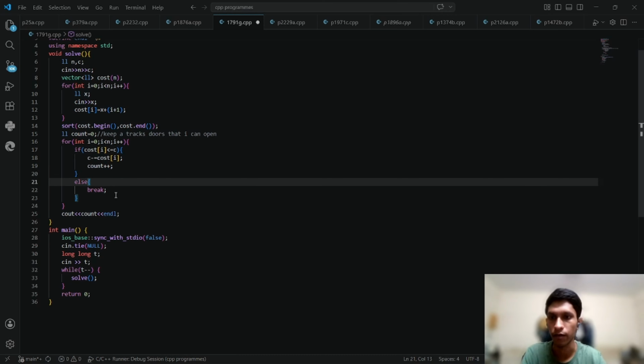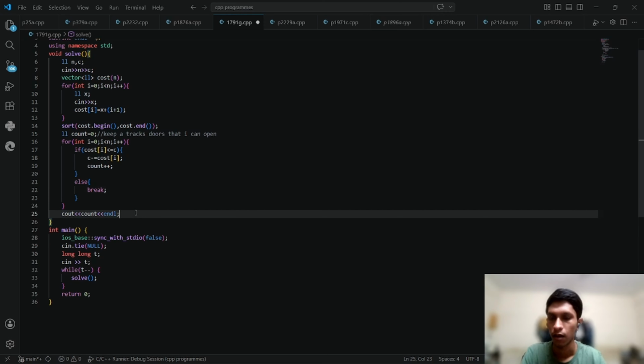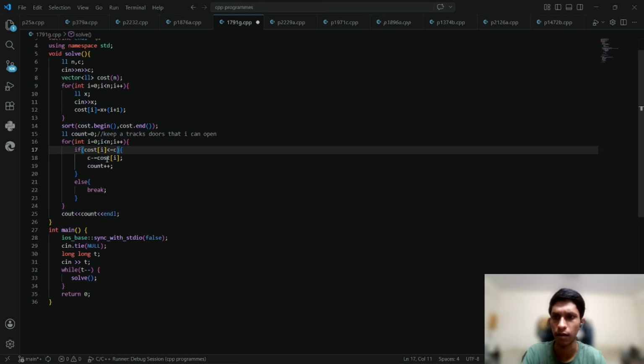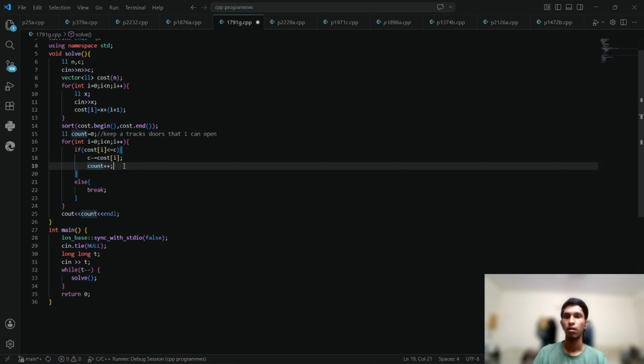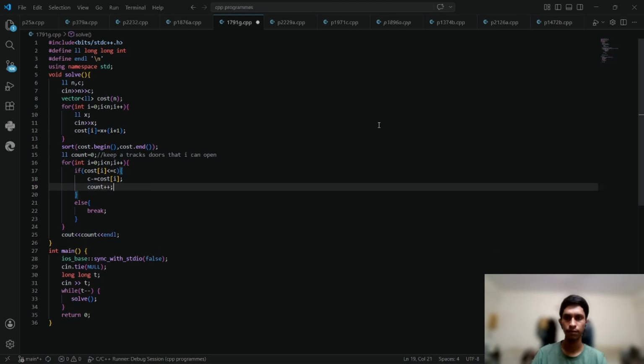If it is not, then we'll just break and print the value of count that we have calculated. After entering this, we do two things: decrement the coins c by cost i, and increment the count of doors that we are going to open.